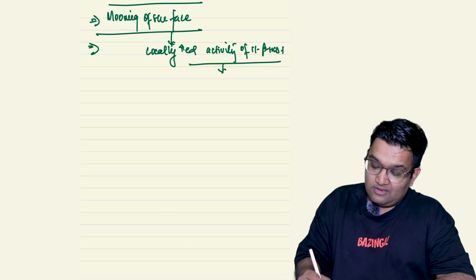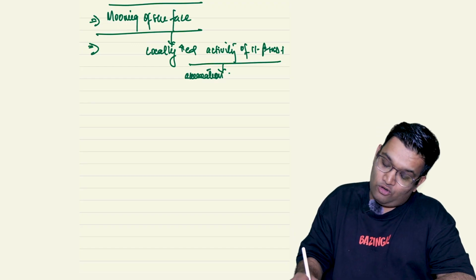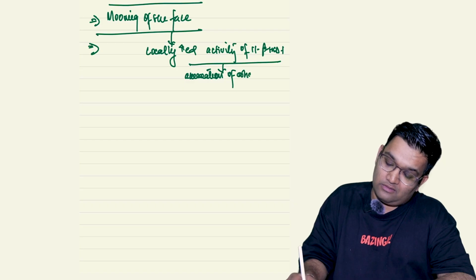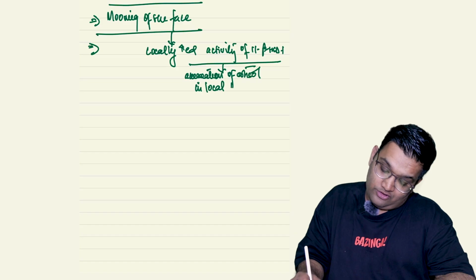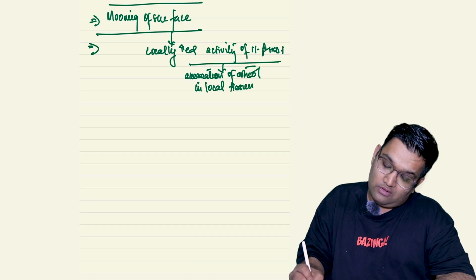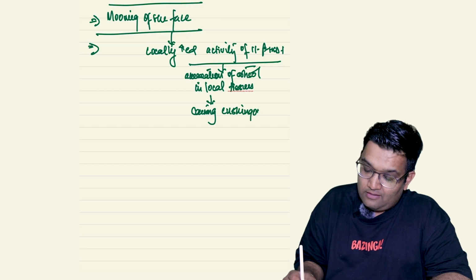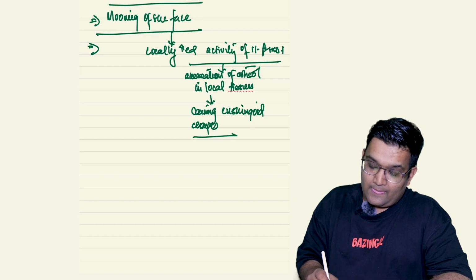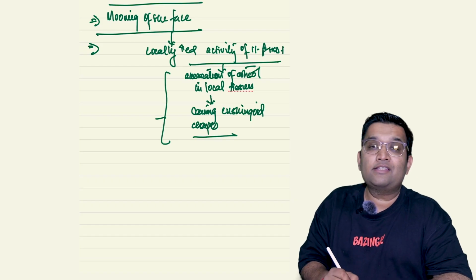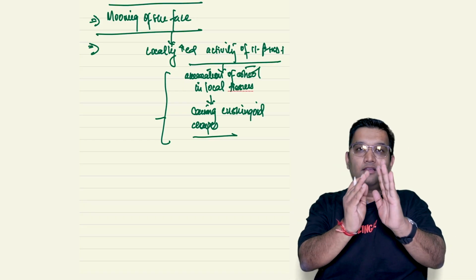This will cause accumulation of cortisol in local tissues, causing Cushingoid changes. Mooning is when you cannot see the tragus from the front.